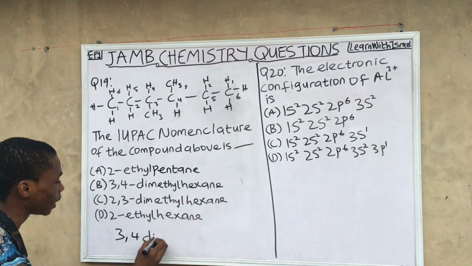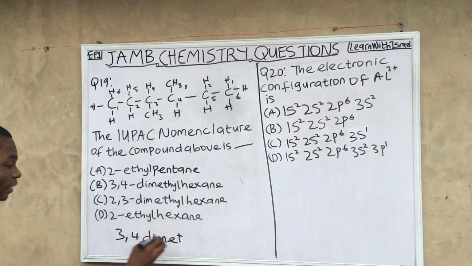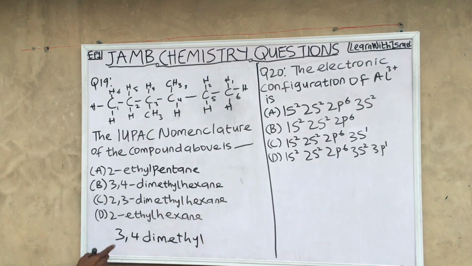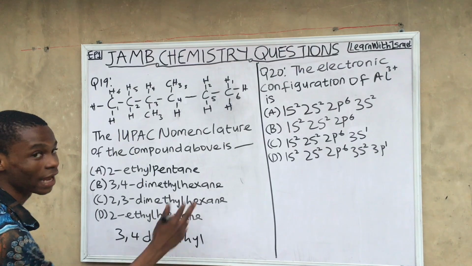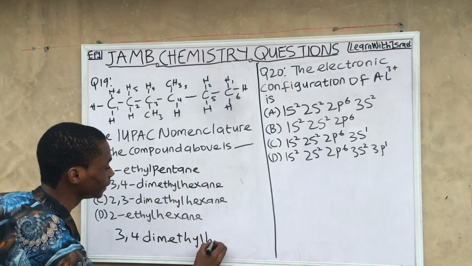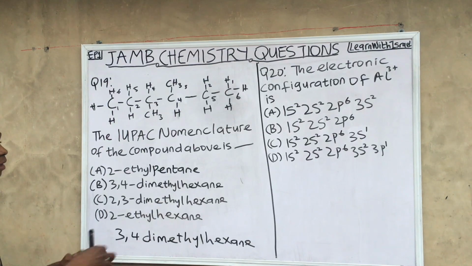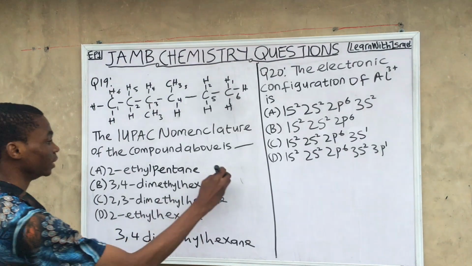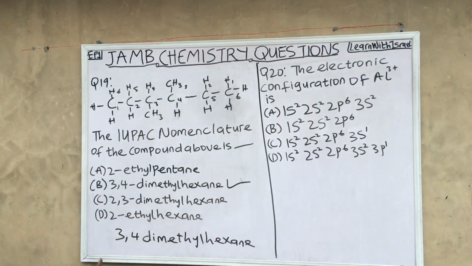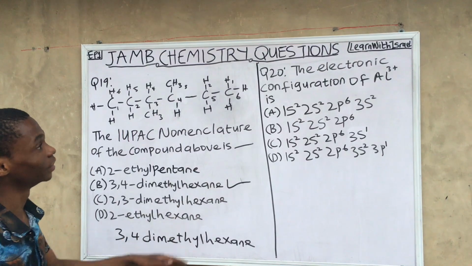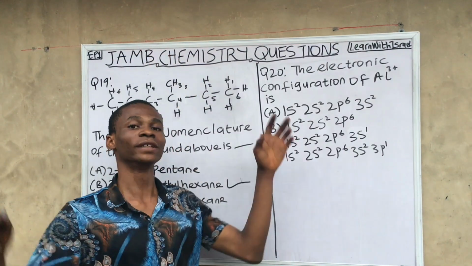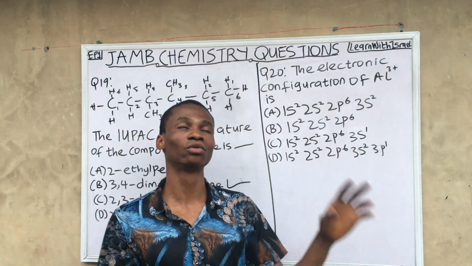That's how it is written in organic chemistry. So 3,4-dimethylhexane, with the parent name always coming last. So option B is the correct answer. 3,4-dimethylhexane. Let's move to question 20, which is the last question for episode 1.